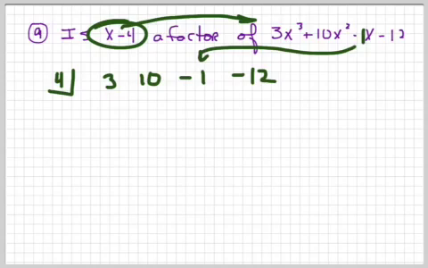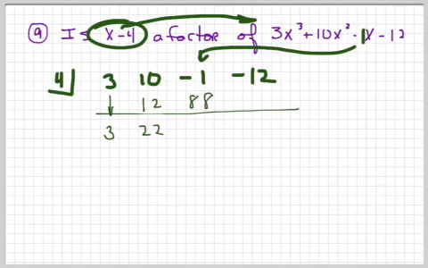I draw my line, bring down my 3, multiply, and add. Multiply and add. 3, 10, negative 1, negative 12, using 4.